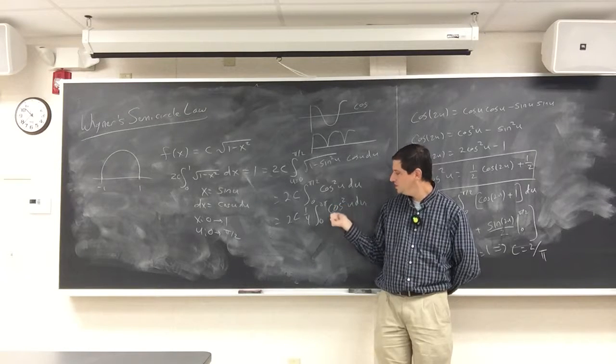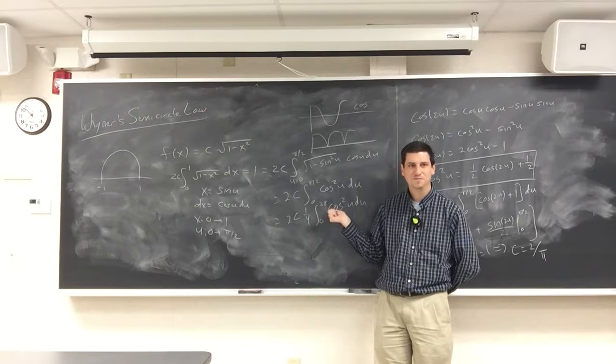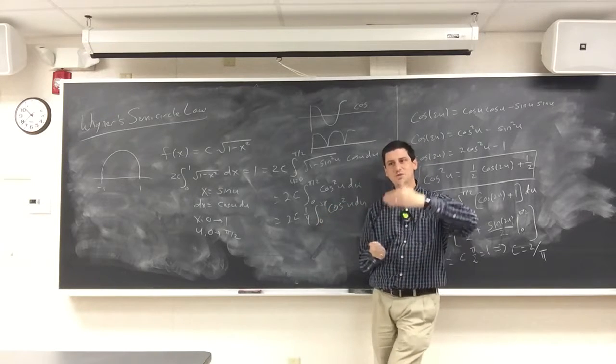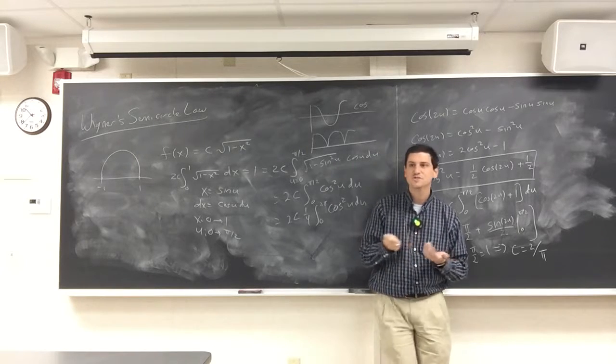What does this want to make it 1? Sine squared. What's the integral from 0 to 2 pi of cosine squared relative to the integral from 0 to 2 pi of sine squared? Is there a difference? No, sine and cosine are just shifted functions.